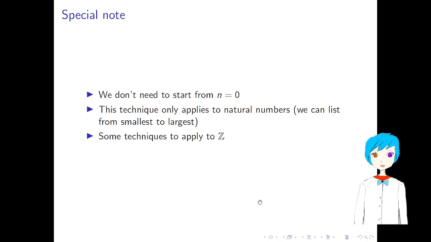It cannot apply to the real numbers or positive real numbers because the set has to be countable. We need some special techniques to apply it to the whole integer set.